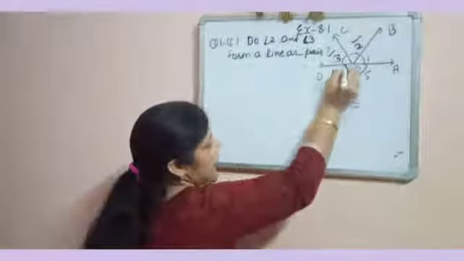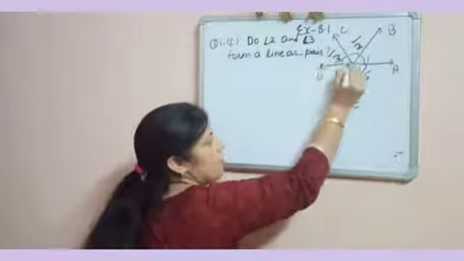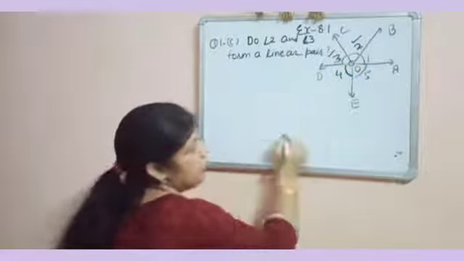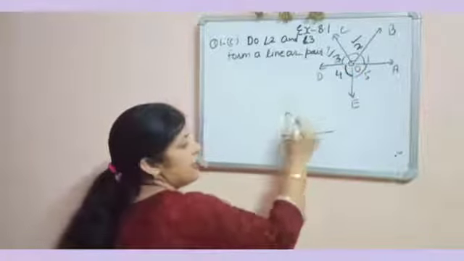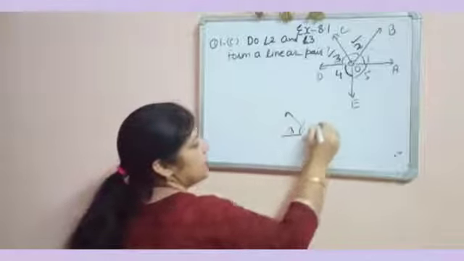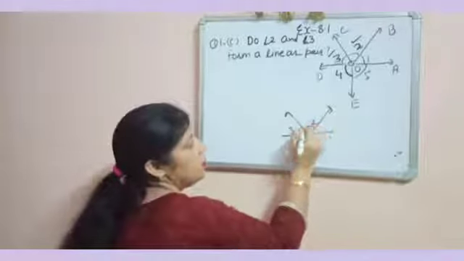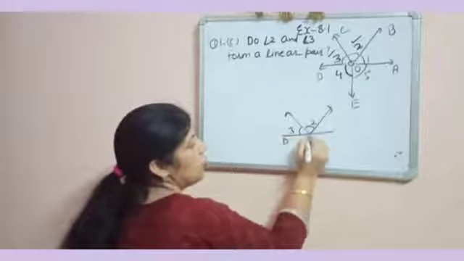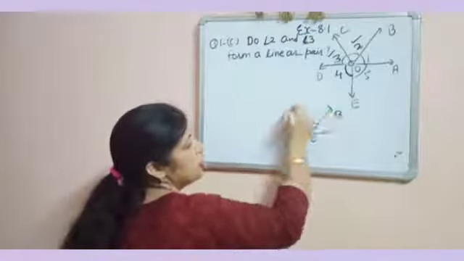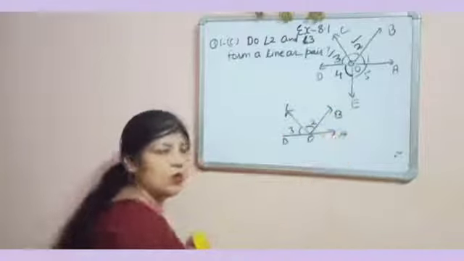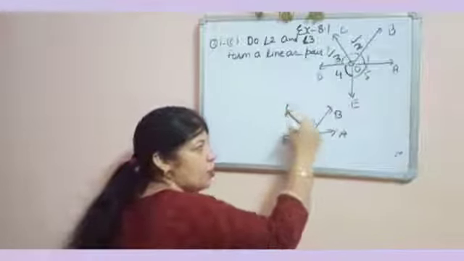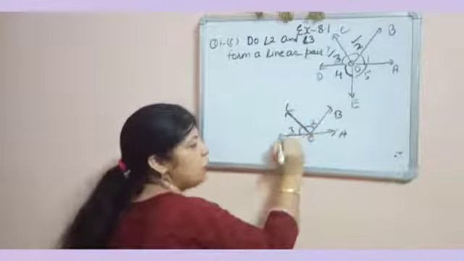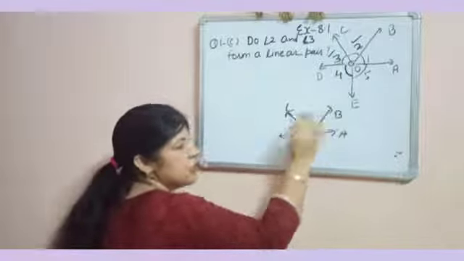You can see they are adjacent because they have a common vertex, angle 2 and 3, like this. This is angle 3 and this is angle 2. D, O, B, C. Okay. Now common vertex, common arm, and the non-common arms are on opposite sides.